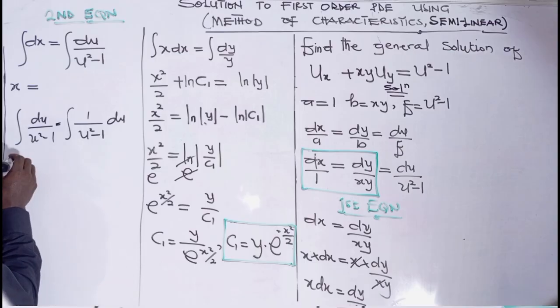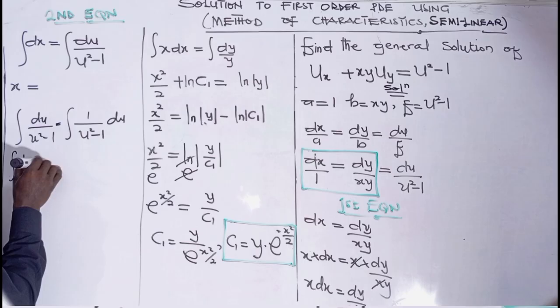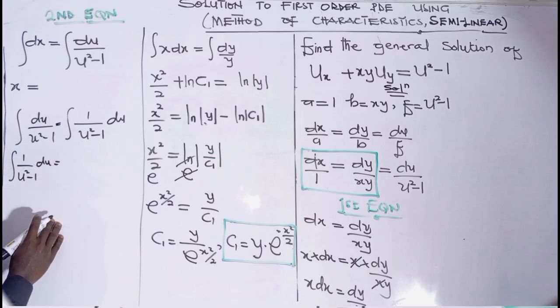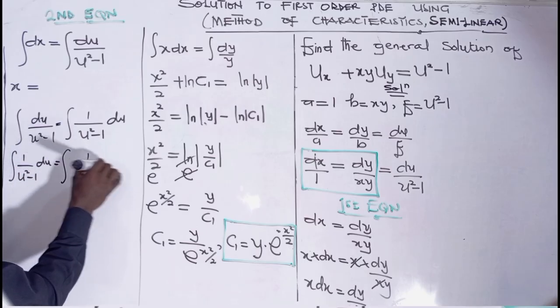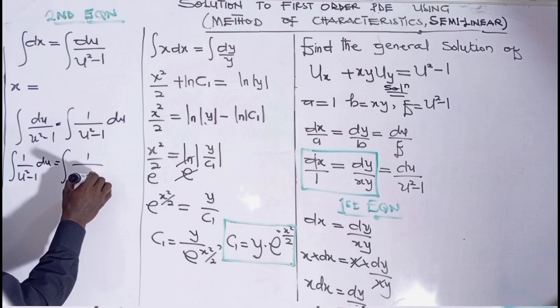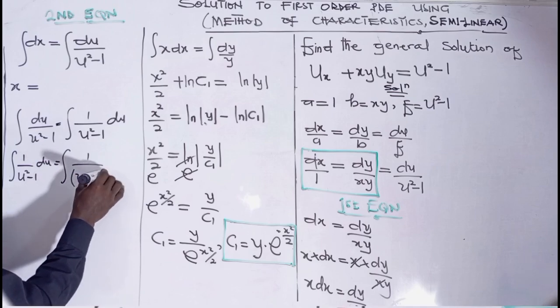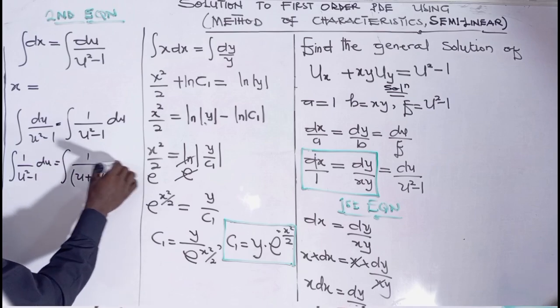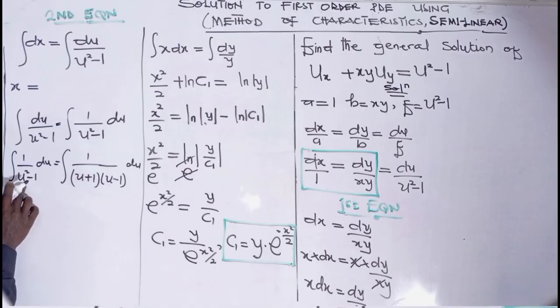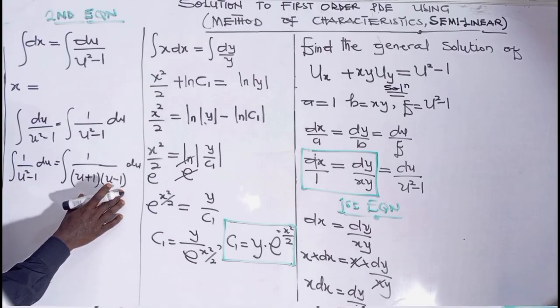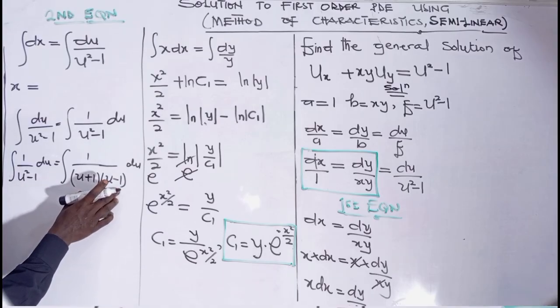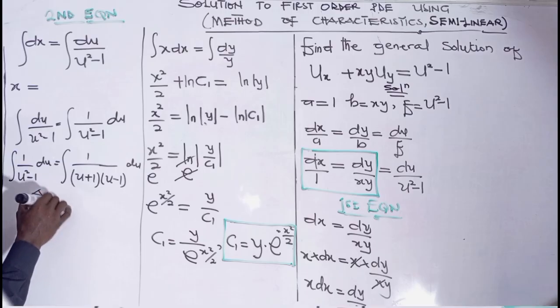So we are going to have the integral of 1 over u squared minus 1 du. Now we can write this as the integral of 1 all over u plus 1, and then we have u minus 1. Now you can see that this is difference of 2 squares, so we can split it and write it as that. Now applying partial fraction, so let me write it here.